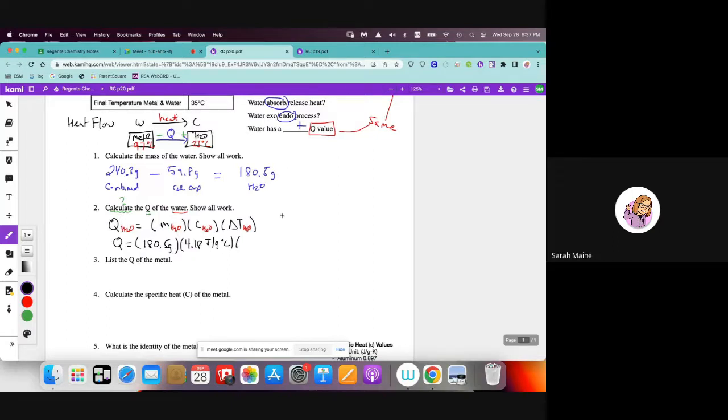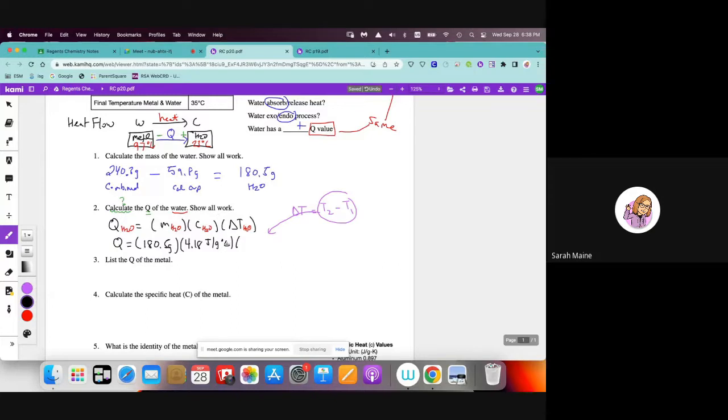Now delta T. A little side note: when you're doing a correct numerical setup, don't do any intermediate math. Delta T is always T2 minus T1. So we're going to put this information in to get our correct numerical setup 100% correct, no intermediate math.